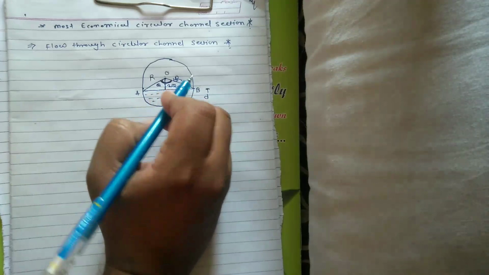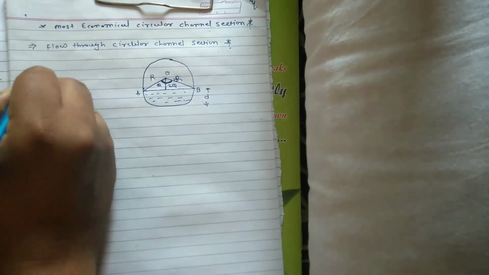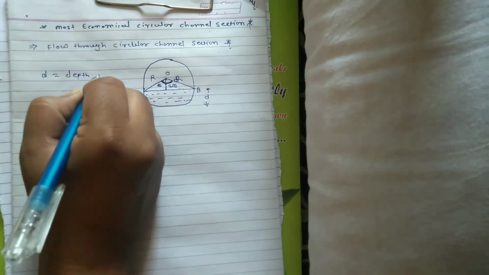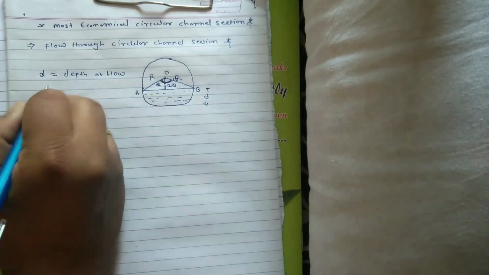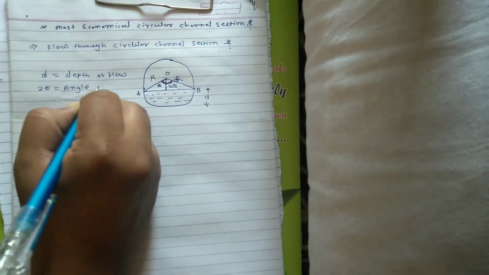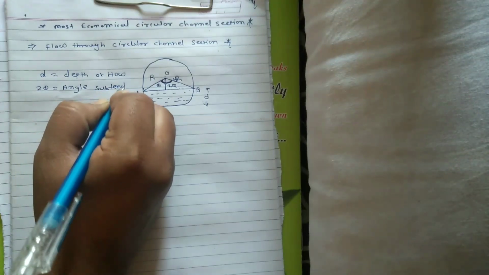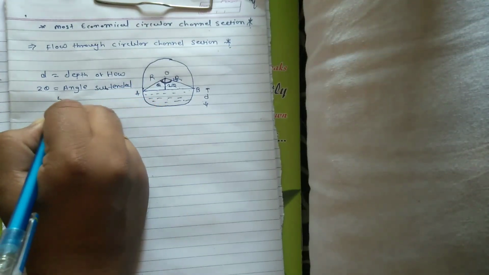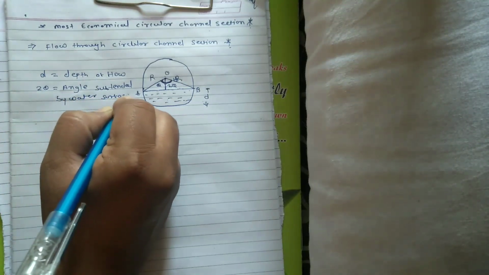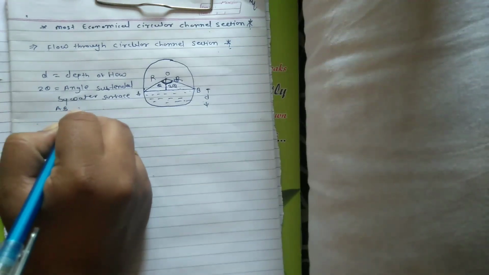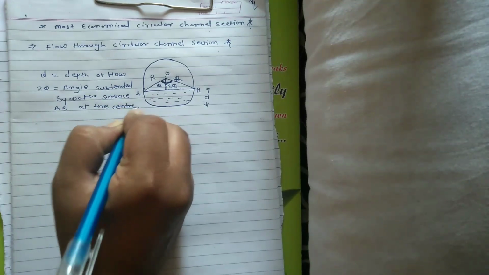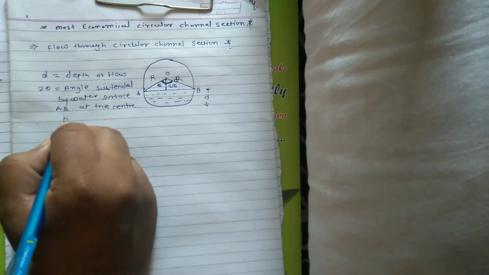Okay, so I will write all those terms. What is D? D is the depth of flow. Then 2 theta is the angle subtended by the water surface AB at the center, in radians.